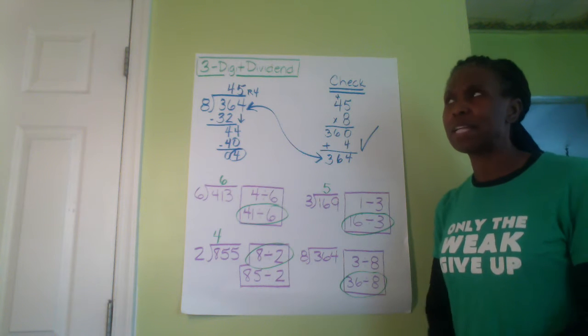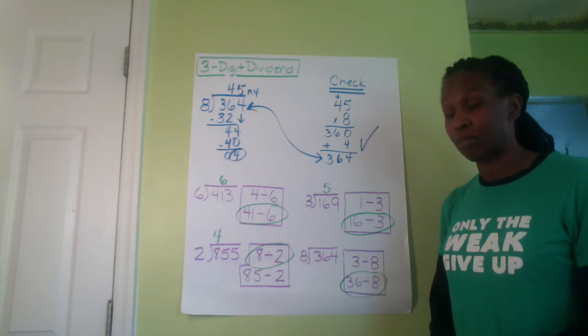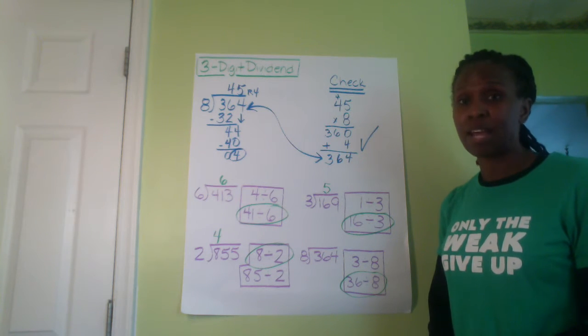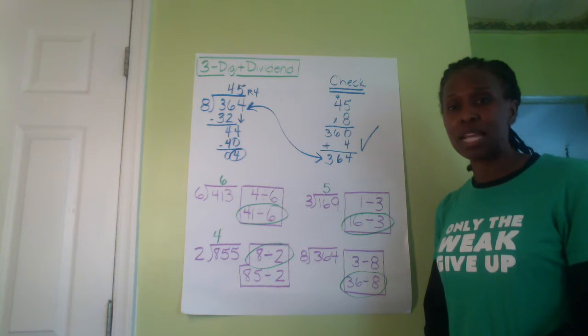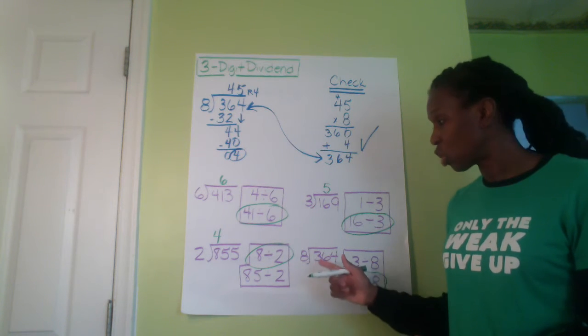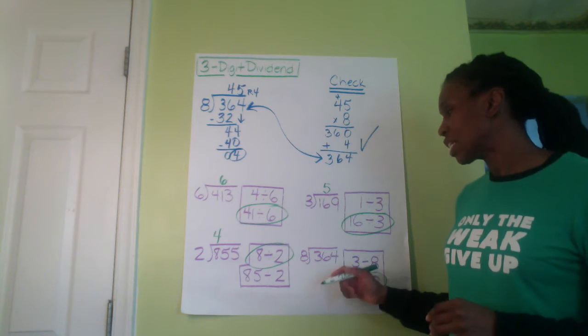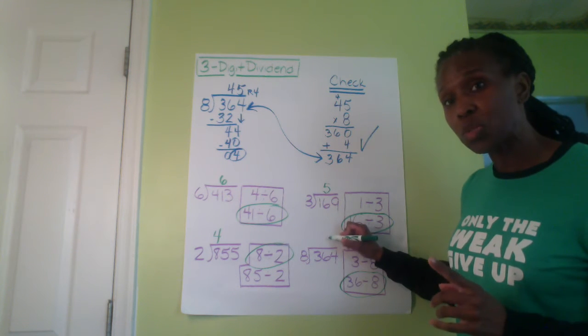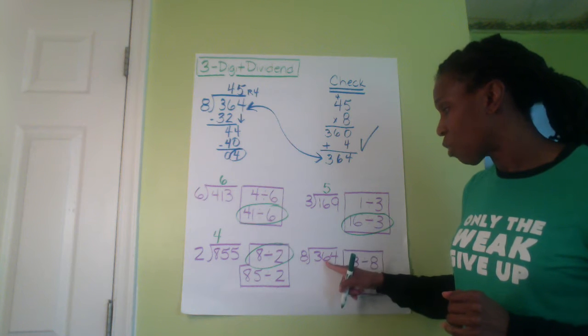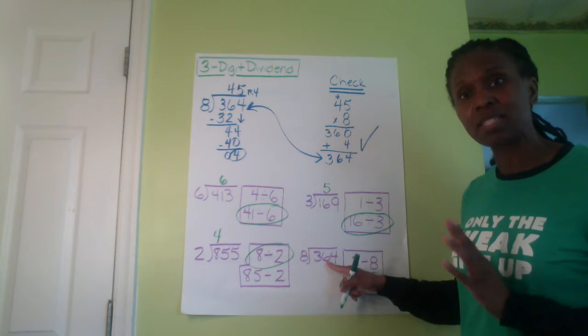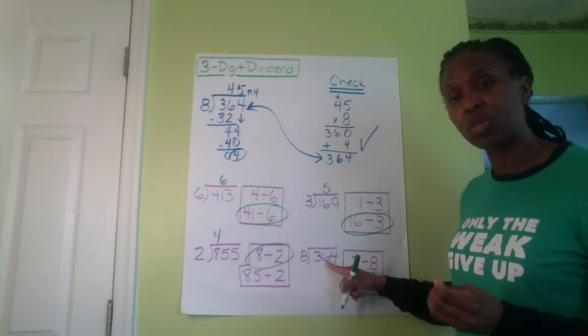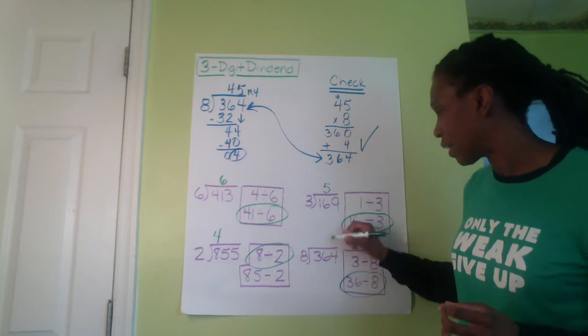And 36 divided by 8 is going to be 4. I had to estimate. 4 times 8 is 32. That's close. If I was to do 8 times 5, that's 40. It's too much. So 8 times 4. Again, notice where I'm writing the 4. It's going right above the 6 because that's the last digit that's included in that first step of dividing.